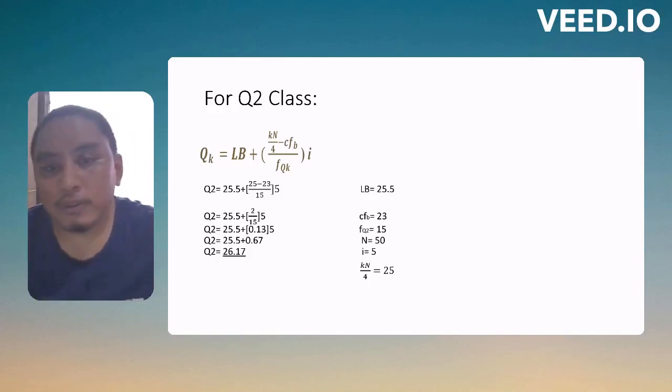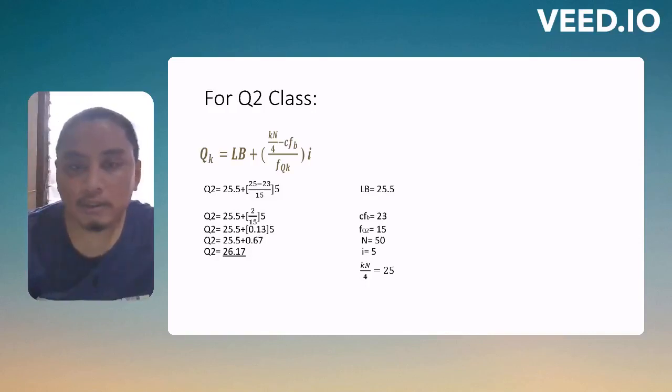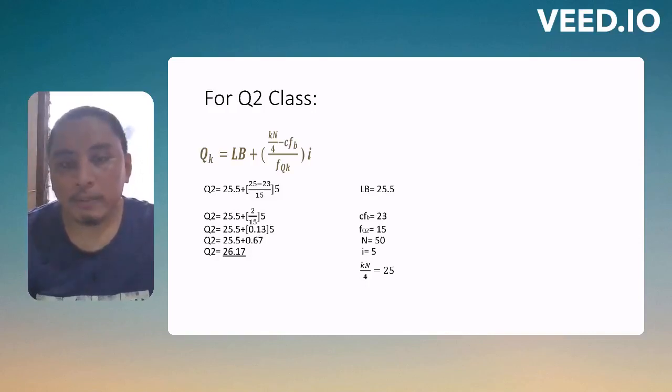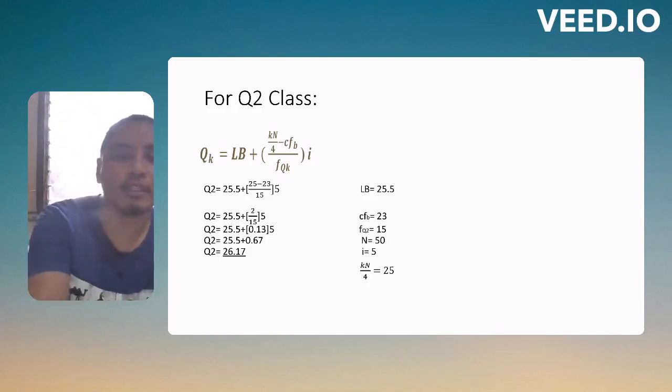So Q2 is equal to 25.5 plus 2 over 15 multiplied by 5, and Q2 is equal to 25.5 plus 0.13 multiplied by 5. So Q2 is equal to 25.5 plus 0.67, which is 26.17. So our Q2 here is 26.17.